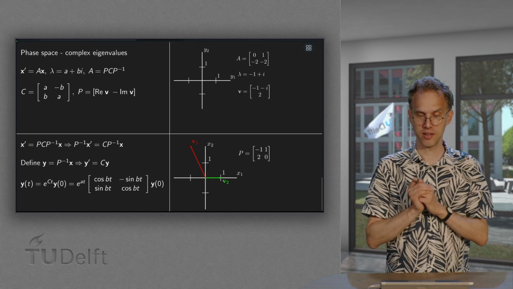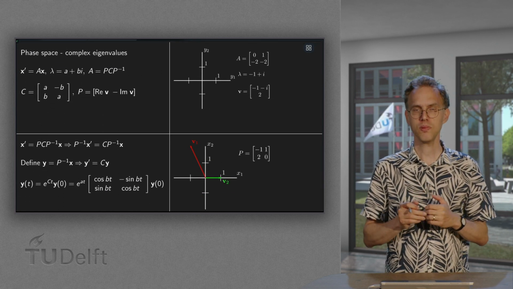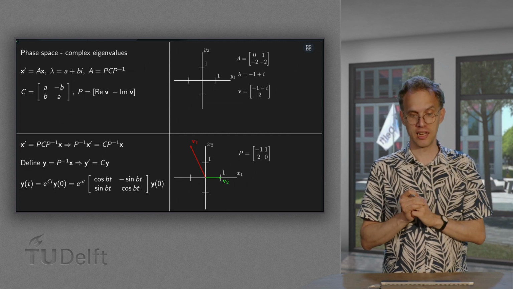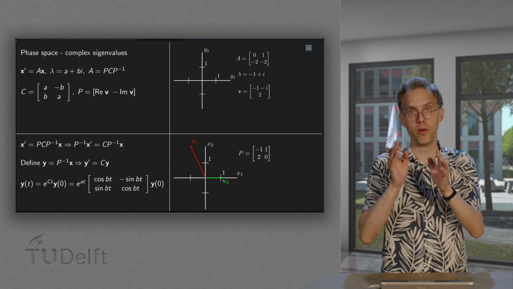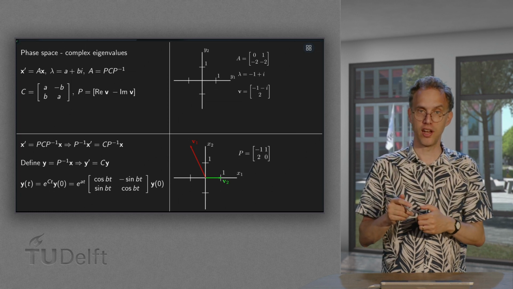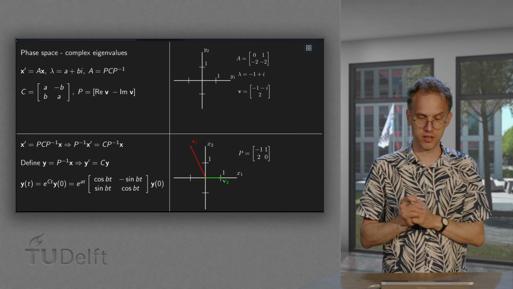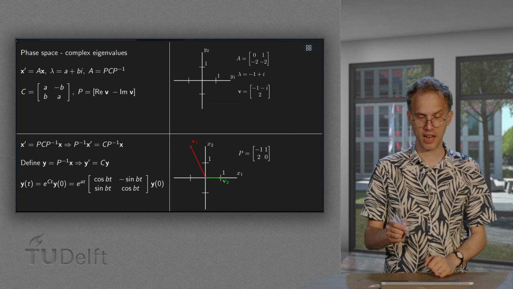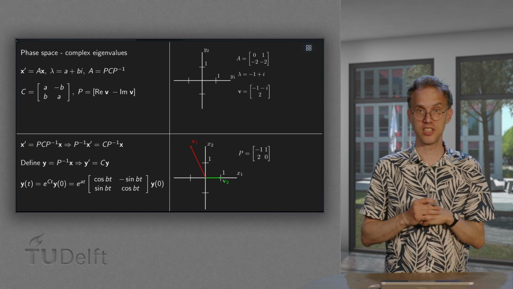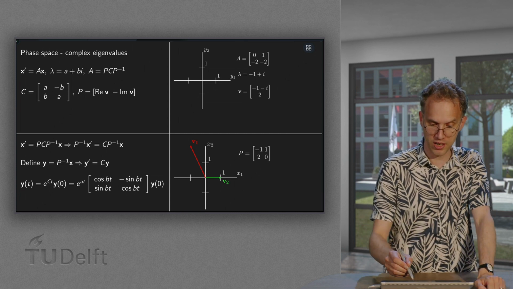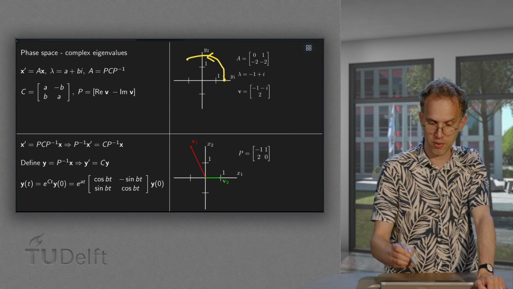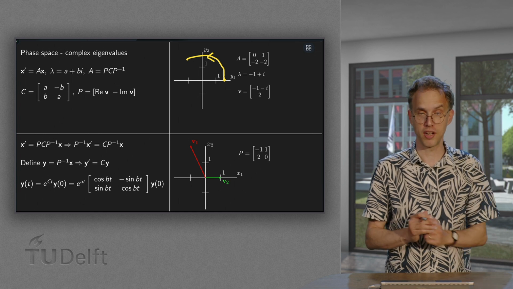What's happening in the x language? Well, x is just P times y. So the v1 axis is taking the role of the y1 axis, and the v2 axis is taking the role of the y2 axis. In this case, we were rotating from the positive y1 axis to the positive y2 axis.